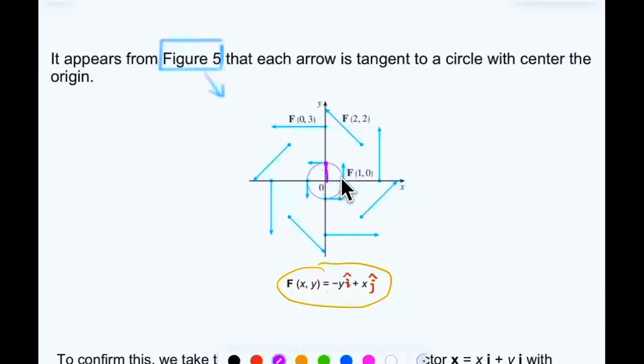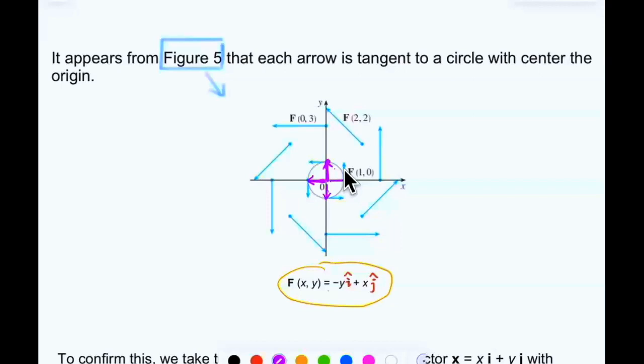Now think about the position vector of this point, and this one here is the position vector of that one, and the position vector of that, and that is the position vector x bar. Now if I can show that x bar and this vector associated with this point are orthogonal, then I show that this is tangent to this circle.